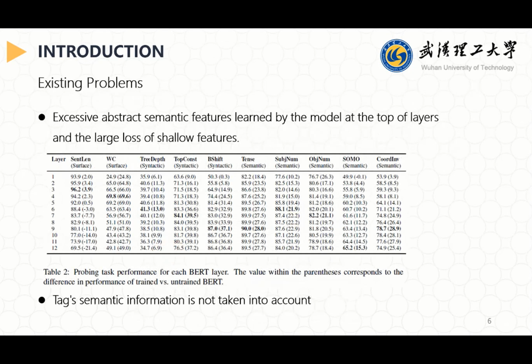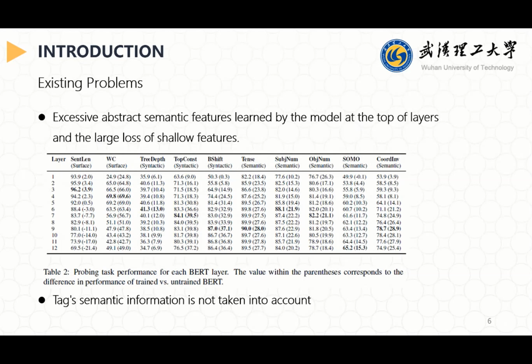However, most of the existing methods regard target recommendation as a multi-label classification task, which regard tags as labels. This leads to 2 problems. 1. Excessive abstract semantic features learned by the model at the top of layers and the large loss of shallow features. 2.